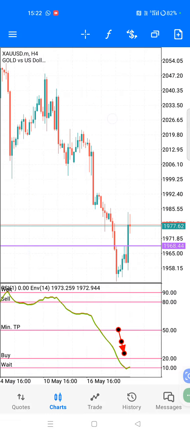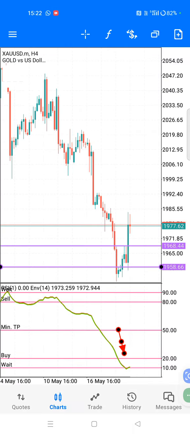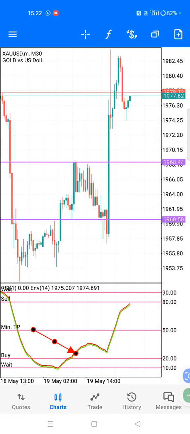Usually for stop loss, I will go to H4. Where do I look? I will look at this, the latest SND, supply and demand. So go back to your M30.